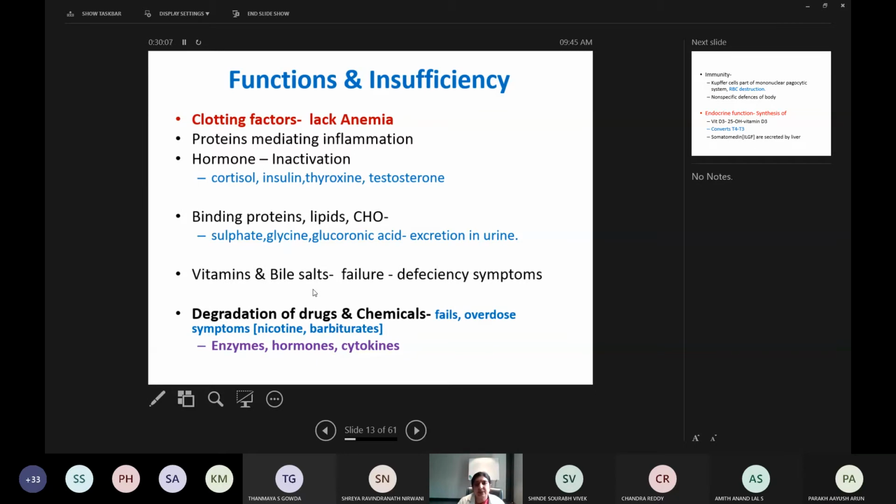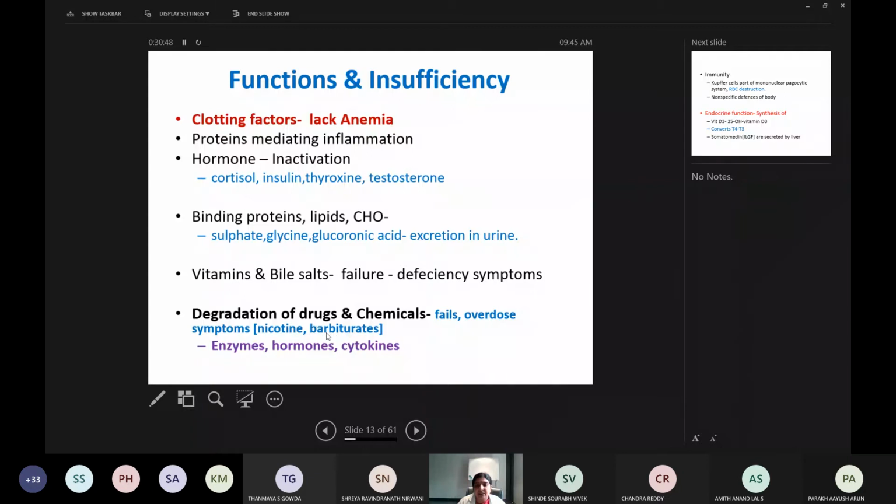Then the liver is the site for vitamins and the synthesis of bile salts. So if again the hepatic cells fail to synthesize bile salts or vitamins, then deficiency symptoms of that vitamin and bile salt will be seen. Then degradation of drugs and chemicals is a function. So in insufficiency of the liver, like severe viral hepatitis, or cirrhosis or fatty liver, drugs like nicotine and barbiturates especially are degraded in the liver only.